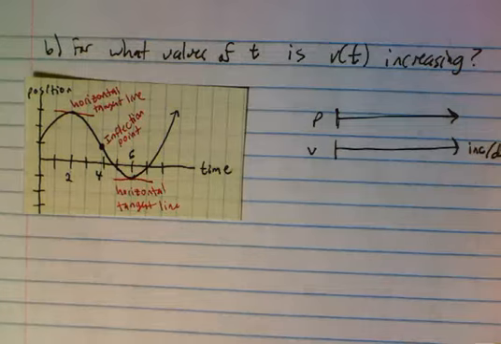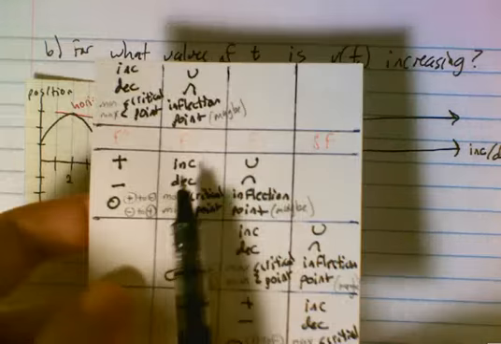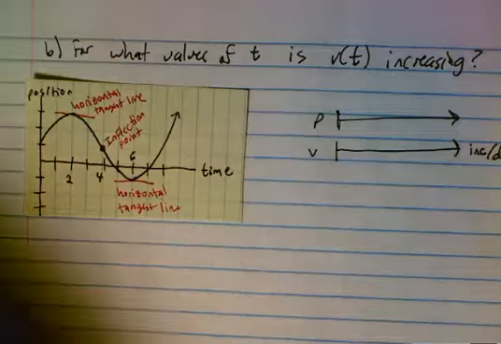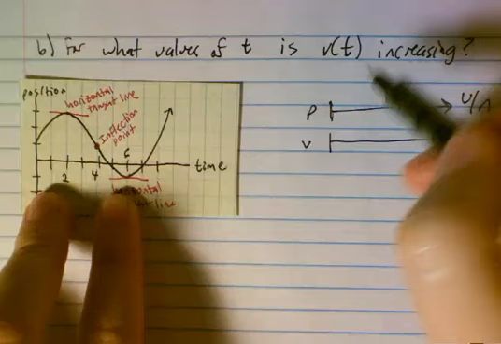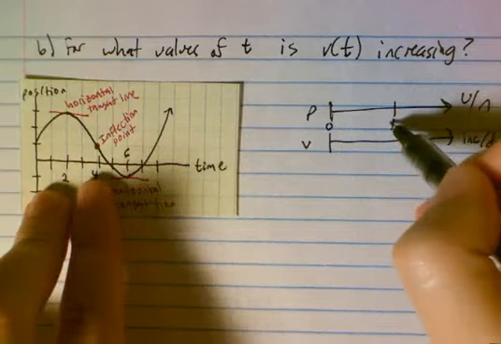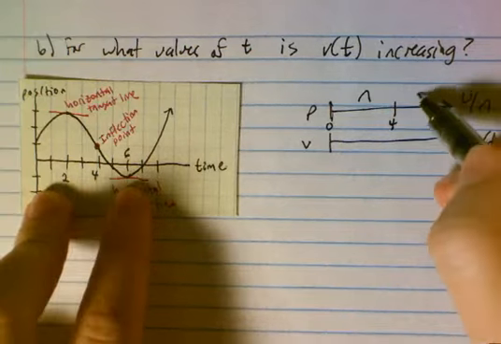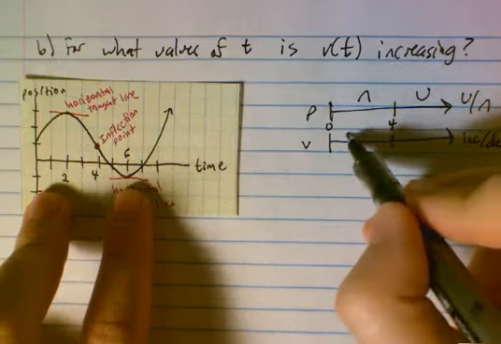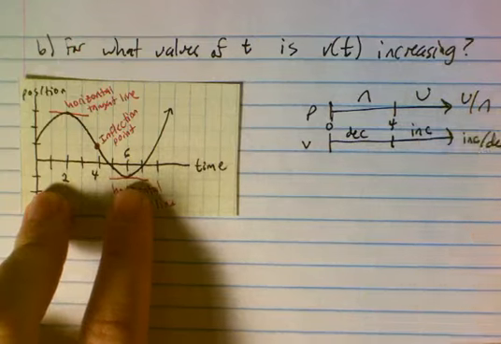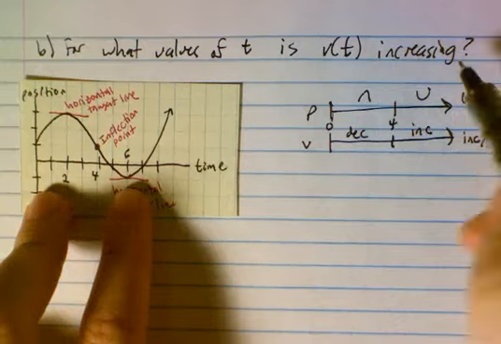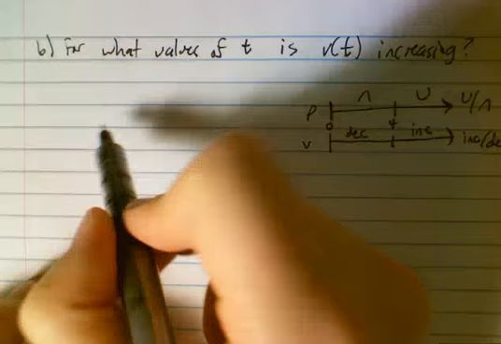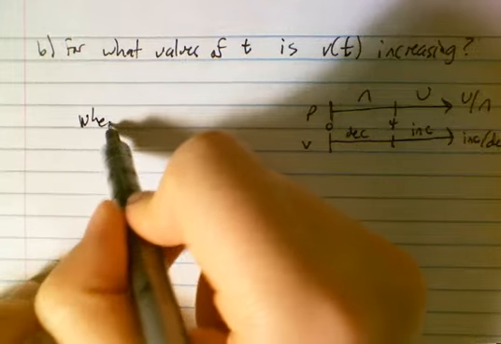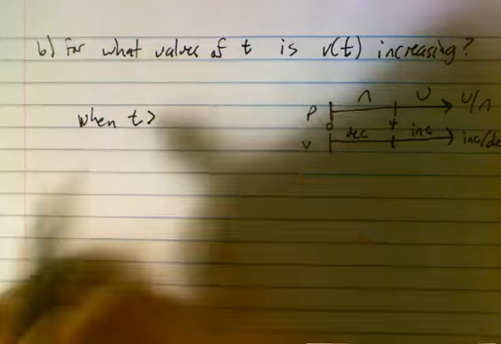Remember, this time I'm translating up. So when a function is increasing, decreasing, its antiderivative is concave up, concave down. So I'm looking for concave down right here from 0 to 4, concave up from 4 and beyond. So that means I've got decreasing and increasing here. I'm asking about v, so v of t is increasing when t is greater than or equal to 4. Just greater than, actually.